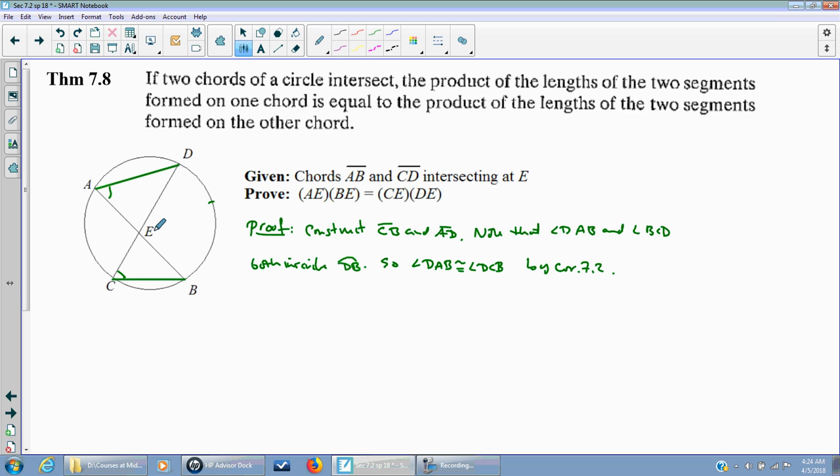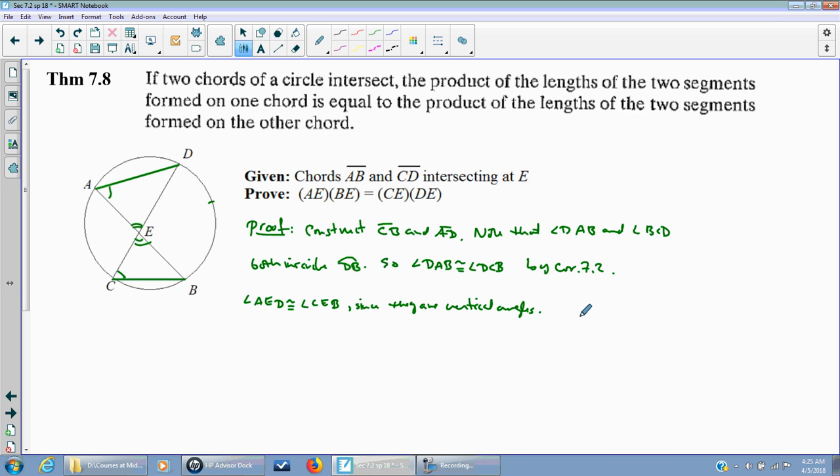Let's take a look at some vertical angles we have here. That angle AED must be congruent to angle CEB because they are vertical angles. So these two angles are the same here.